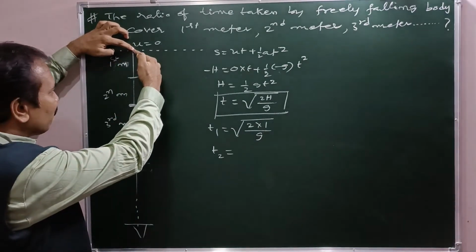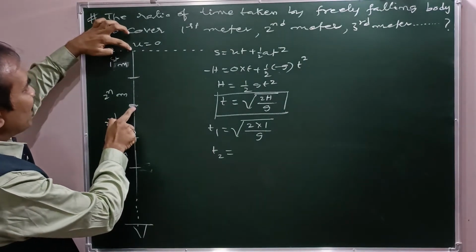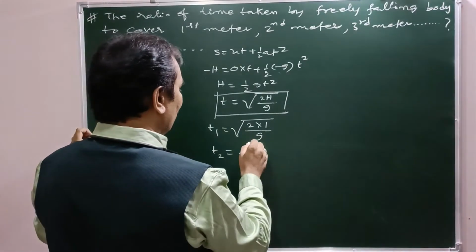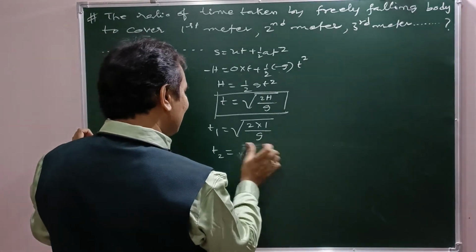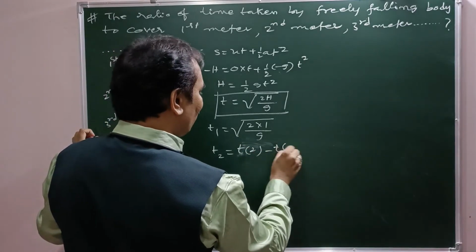That is the total time taken to cover 2 meters minus total time taken to cover first meter. That is t of 2 meters minus t of 1 meter.